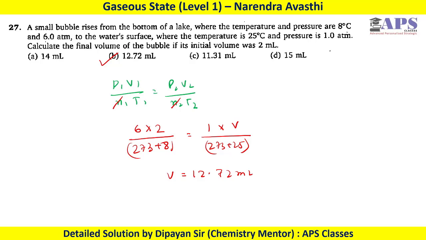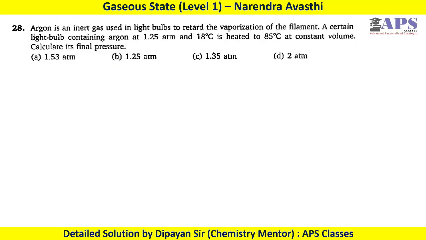In question number 28, argon is an inert gas used in light bulbs to retard the vaporization of the filament. A certain light bulb contains argon at 1.25 atm and 18 degrees centigrade, and is heated to 85 degrees centigrade at constant volume.